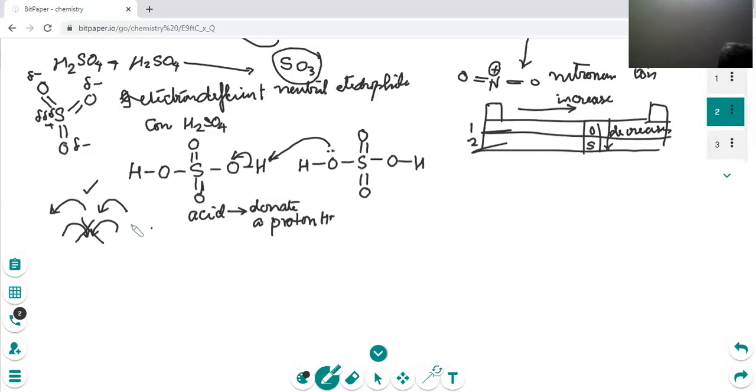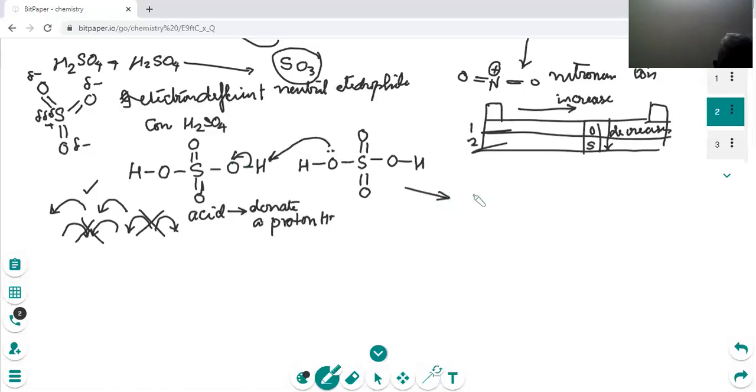Also, arrows will never diverge from one point. So what is happening is you are forming a bond here and you are breaking this bond. Heterolytic bond fission. Okay, now what do you get?